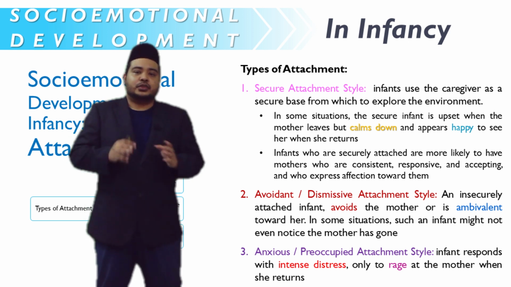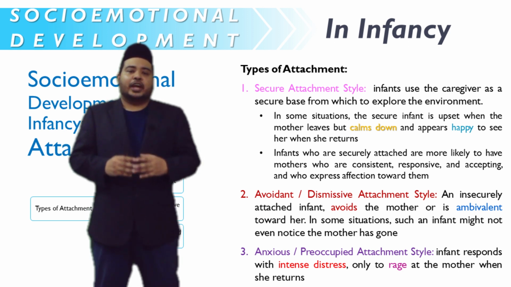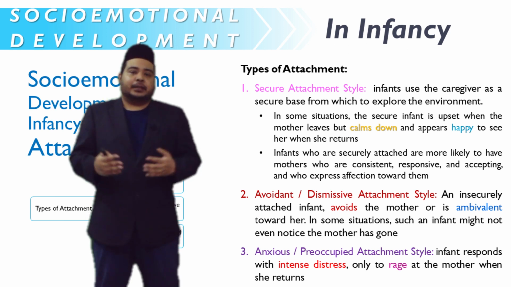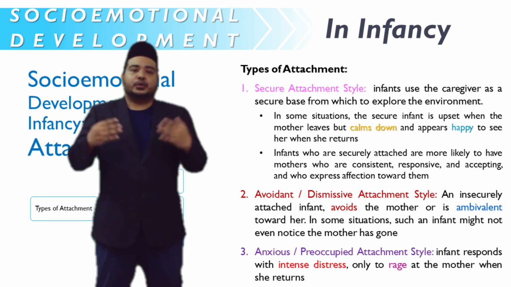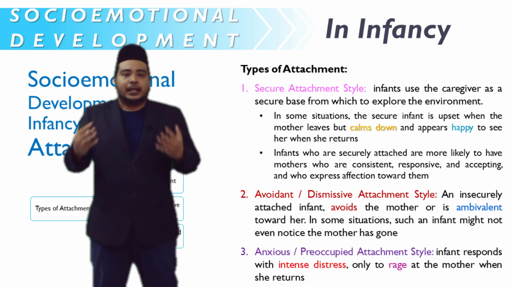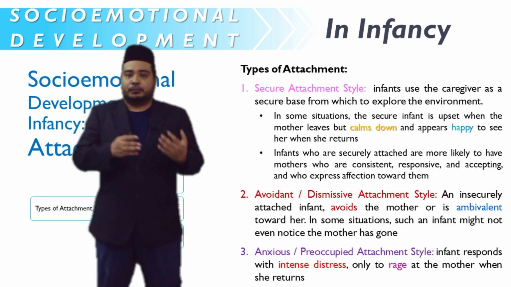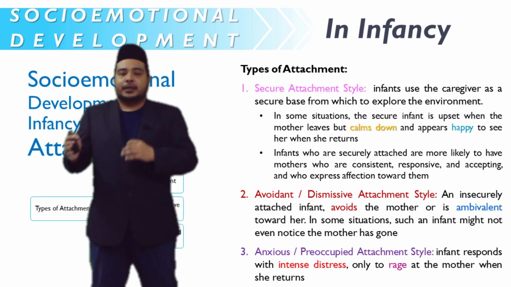Infants who are securely attached are more likely to have mothers who are consistent, responsive and accepting, and who express affection towards them. They show them a warm relationship, love and care. So this is the characteristic of mothers whose children have secure attachment styles.